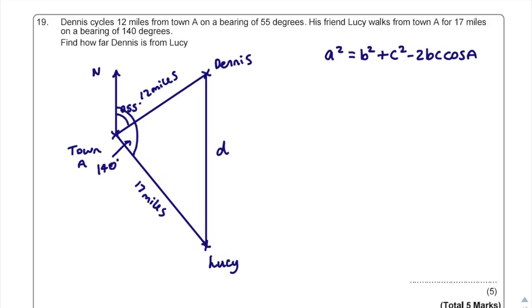Now that angle is the angle A, so in this case it would be the angle opposite D. So we need to work out what this angle is here.